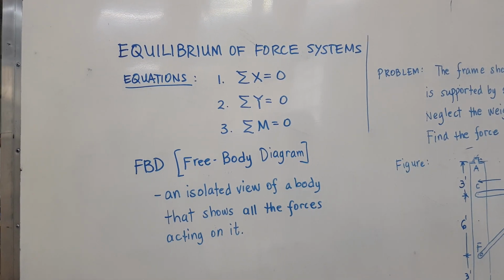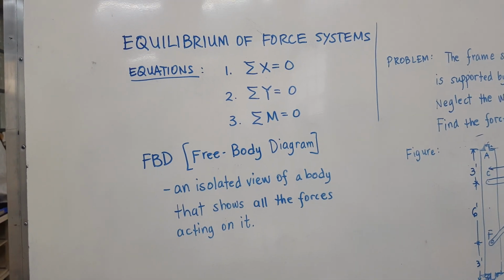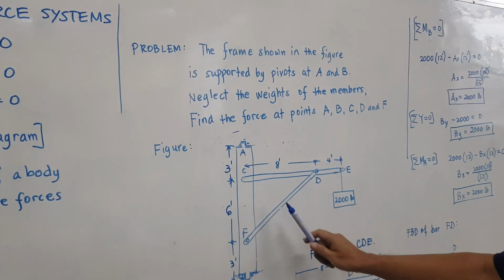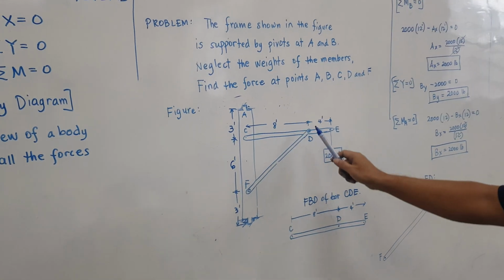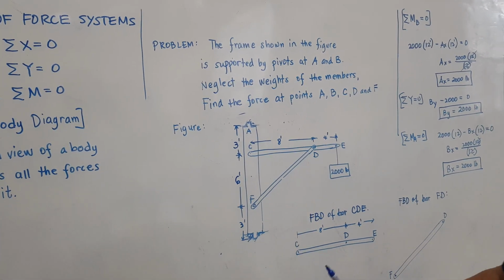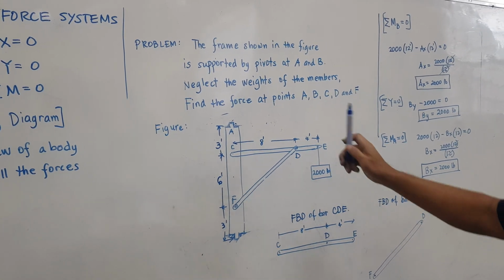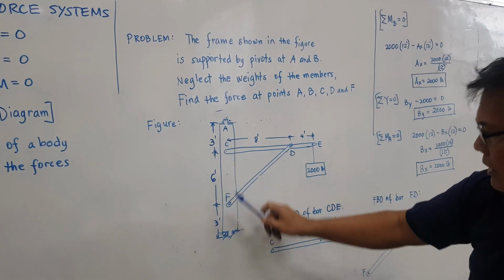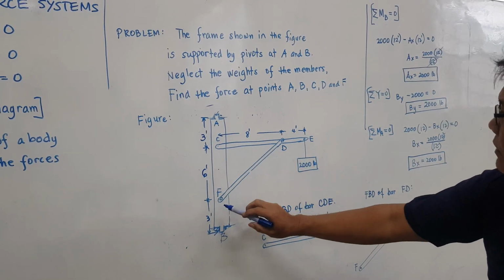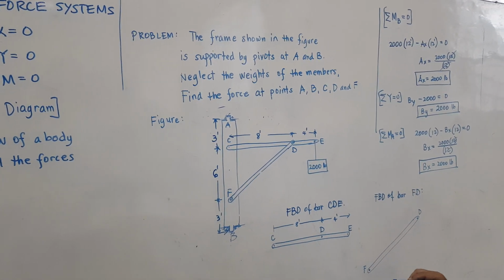So to have a clear understanding of how to solve for these kinds of problems, let us take this problem. The frame as shown here is supported by pivots at A and B. Neglecting the weights of these members, find the force at points A, B, C, D, and F. Okay?